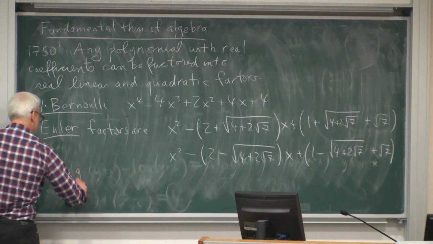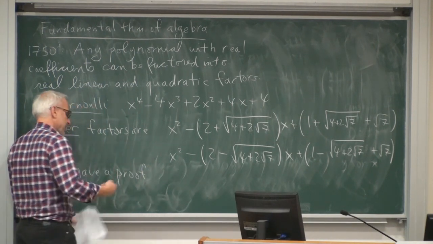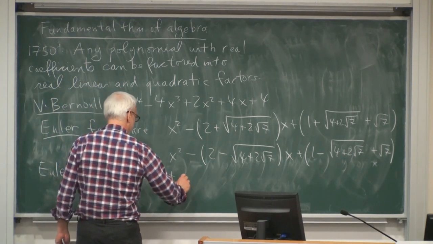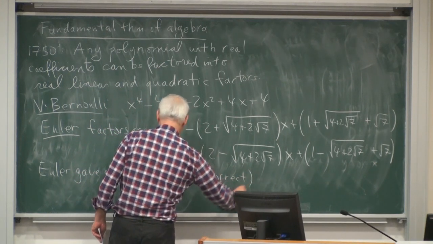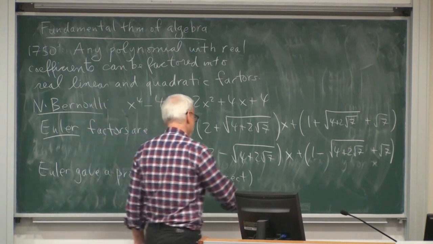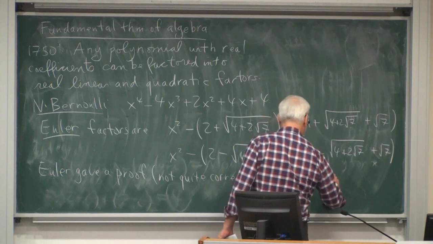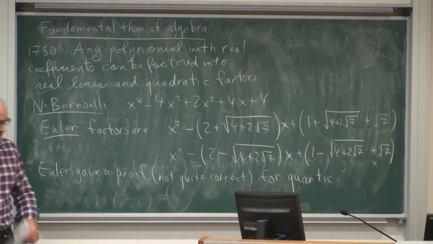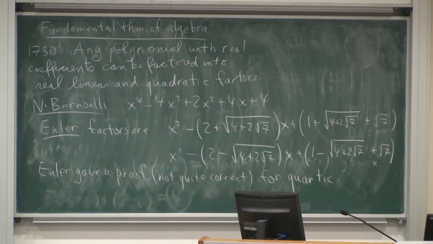So Euler gave a proof, not quite correct, with some gaps, for the quartic case. But this showed that this is computationally a difficult problem. And even today, it's still a computationally difficult problem.